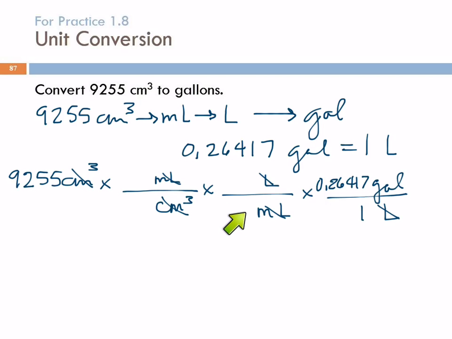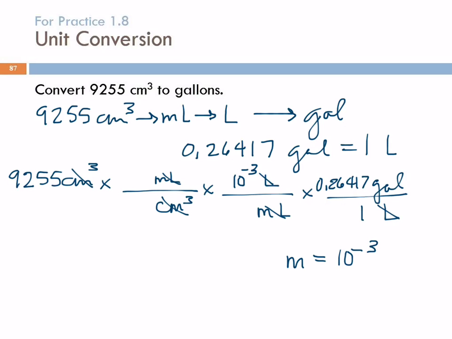Liter to milliliter. This is a metric conversion with prefixes. We need to know that milli is 10 to the minus 3. I have milli in the denominator. I'm going to write its numerical equivalent on the other side. 10 to the minus 3.